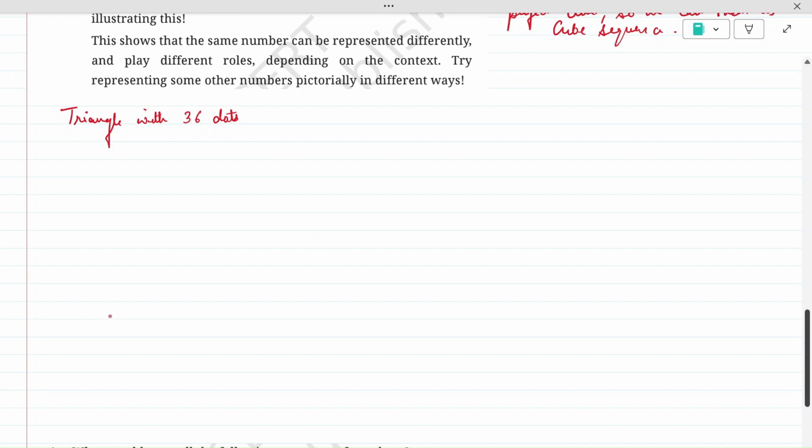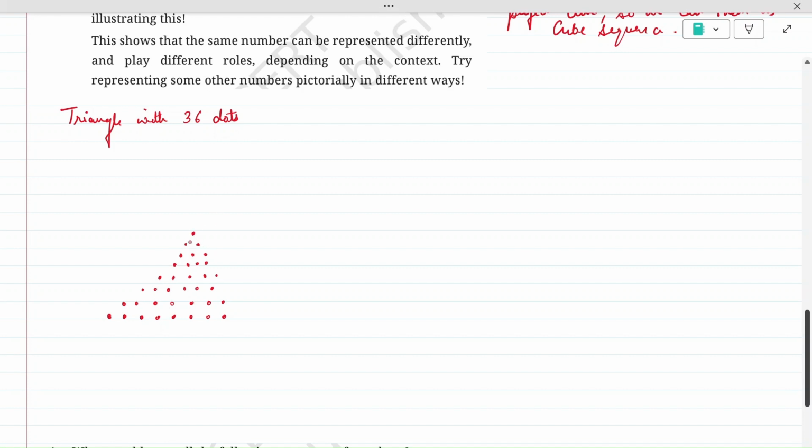It will be something like 1, 2, 3, 4, 5, 6, 7, 8, 9, 10, 11, 12, 13, 14, 15, 16, 17, 18, 19, 20, 21, 22, 23, 24, 25, 26, 27, 28, 29, 30, 31, 32, 33, 34, 35, and 36.